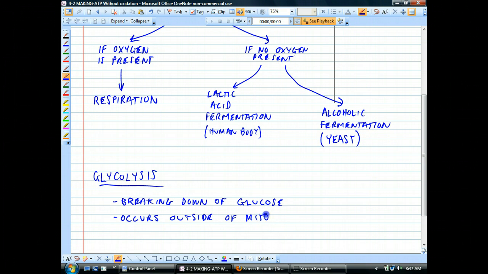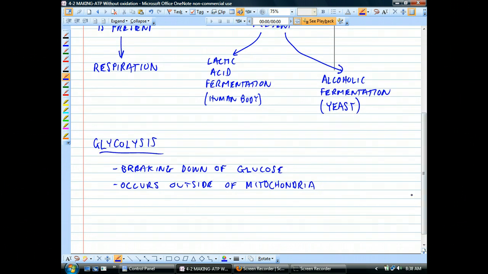Now, this is the first time in a while that I've mentioned mitochondria, but they are going to be heavily involved here when we talk about respiration. Respiration happens inside the mitochondria, but this step happens outside. In other words, it happens right out in the general cytoplasm, outside of the mitochondria.